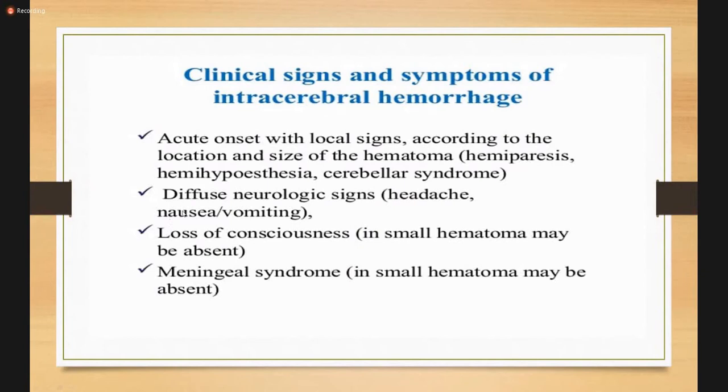Diffuse neurological symptoms. Headache is very common in intracerebral hemorrhage. Headache, nausea, and vomiting. Loss of consciousness. Meningeal syndrome in a small hematoma may be absent, but meningeal signs, loss of consciousness, and headache are very common features of intracerebral hemorrhage.